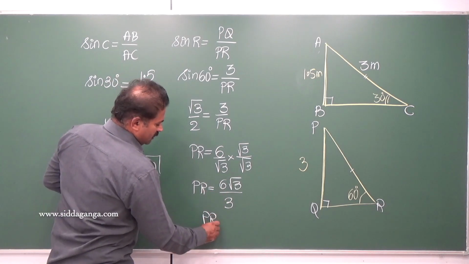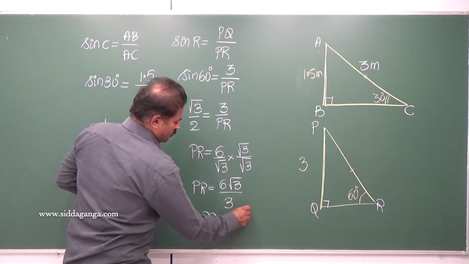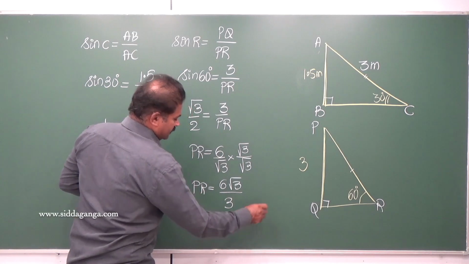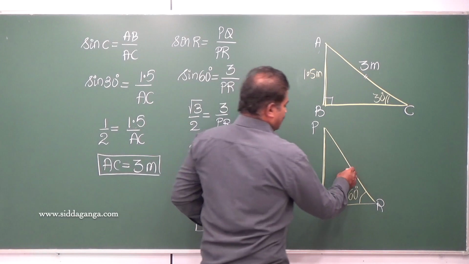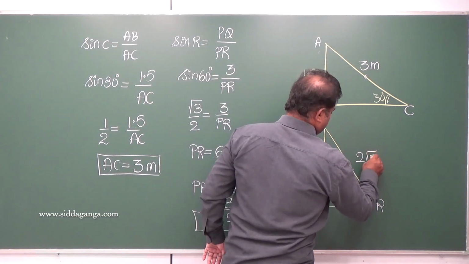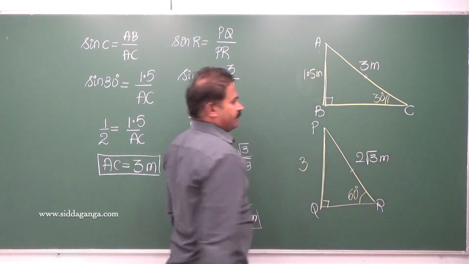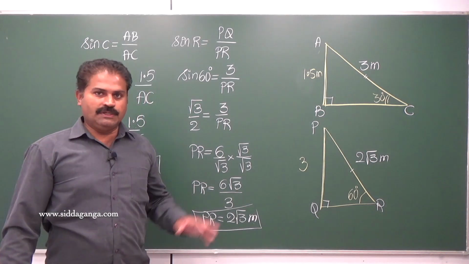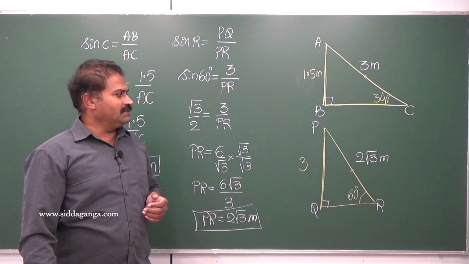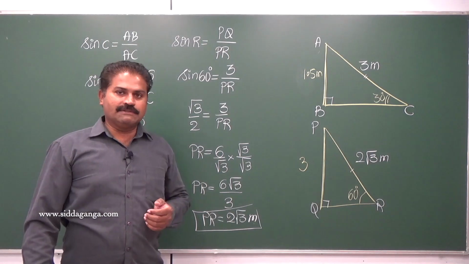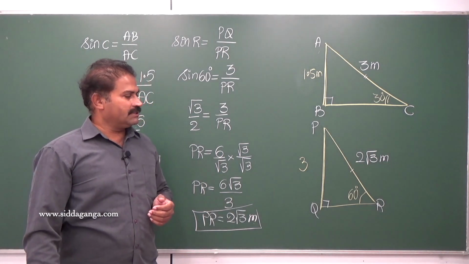So PR is equal to 2 root 3 meters. So in the second case, the length of the slide is 2 root 3 meters. In the sentence you need to mention: in the first case the length of the slide is 3 meters and in the second case the length of the slide is 2 root 3 meters.